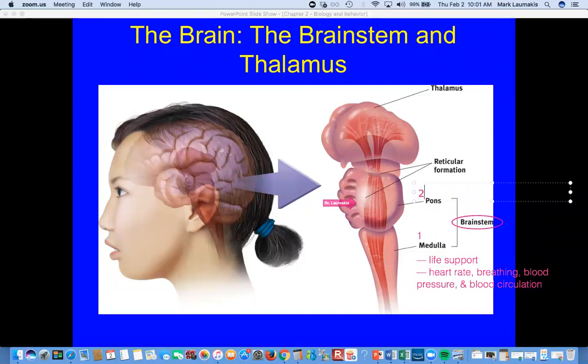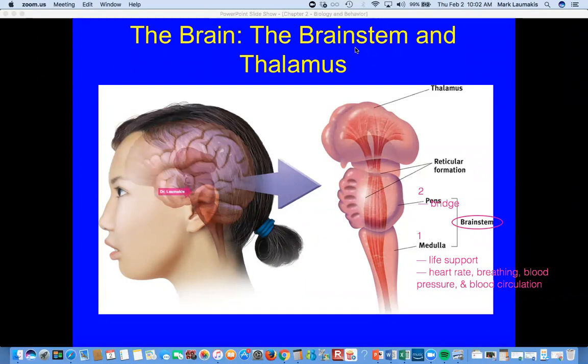Pons actually is the Latin word for bridge, okay? And that's a good summary of what the pons does in terms of brain functioning. It serves as a bridge for information, nerve impulses being exchanged between higher and lower levels of your nervous system. We can see it right in here, the pons.